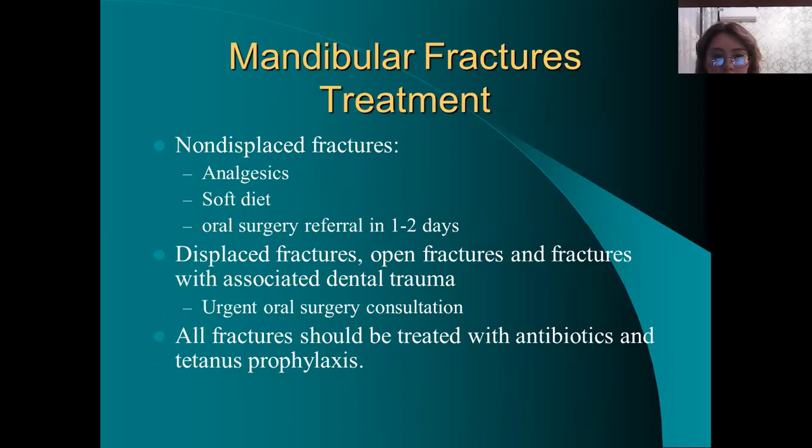Non-displaced fractures: analgesics, soft diet, oral surgery repair in 1 to 2 days. Displaced fractures, open fractures, and fractures with associated dental trauma: urgent oral surgery consultation. Fractures should be treated with antibiotics and tetanus prophylaxis.